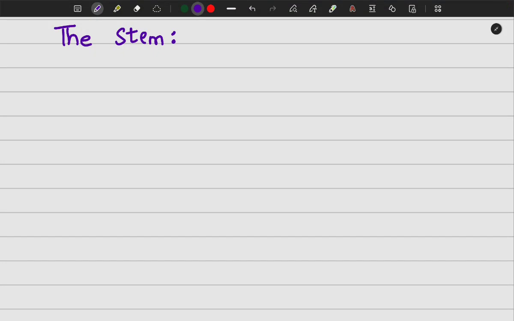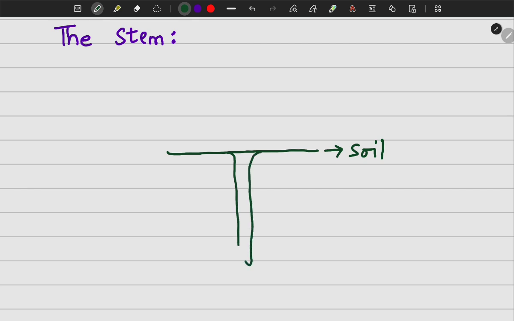In this session, we are going to study about the stem. If you remember, in the previous lectures, we studied about the root. The root was the underground part of the plant. If this is the soil, then the part of the plant which stays beneath the soil is the root.